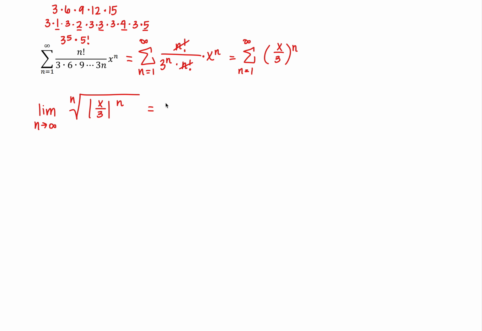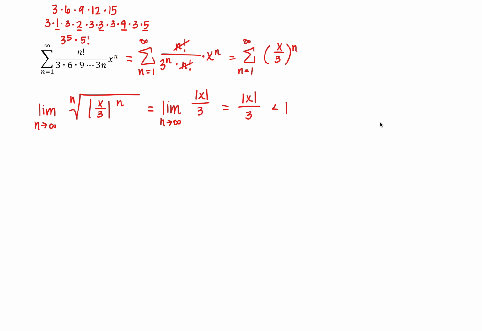So that's the limit as n approaches infinity of the absolute value of x over 3, because the nth root and the nth power cancel out. We've said that a bunch of times before. Have to keep my x in absolute value bars, but of course the absolute value of 3 is just 3. Since there's no longer any n's involved here, we know that the limit is just going to be the absolute value of x over 3.